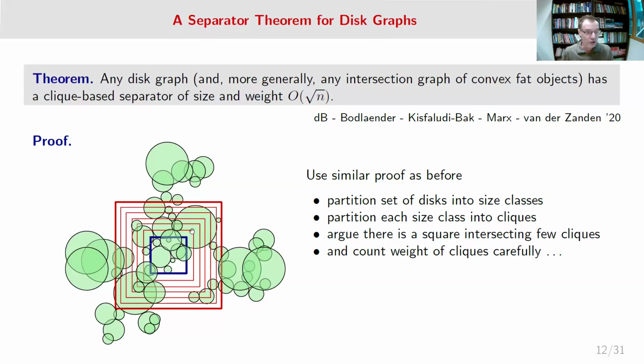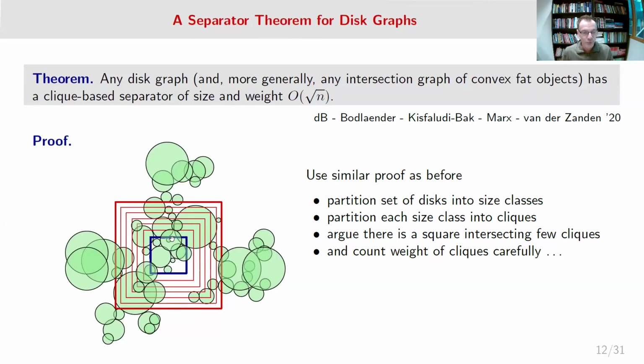Now the disks start to intersect, but if they're large, they form very few cliques. You can stab them by a few points. So now I have only very few large cliques, or cliques of large disks, to worry about.